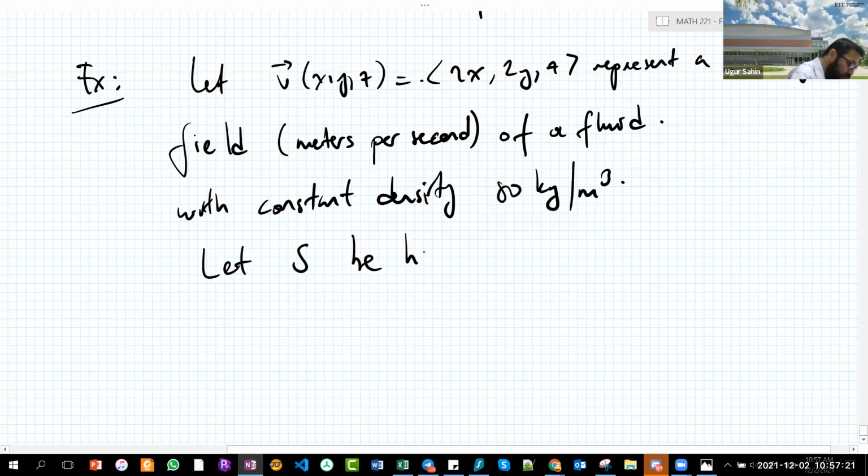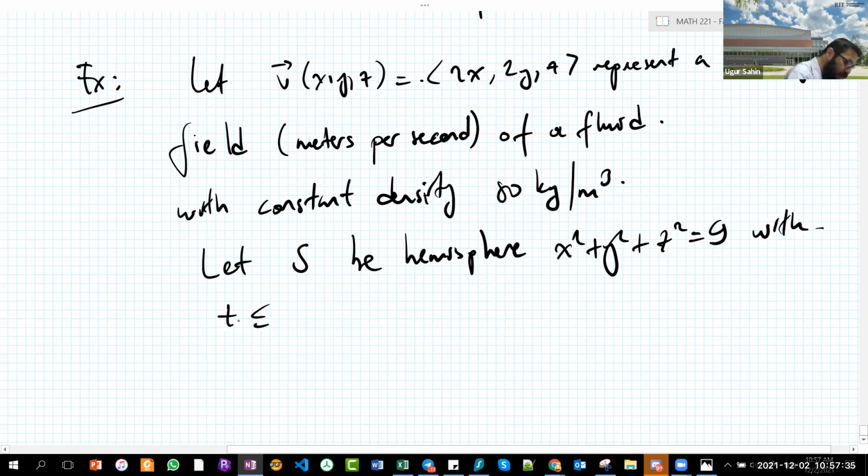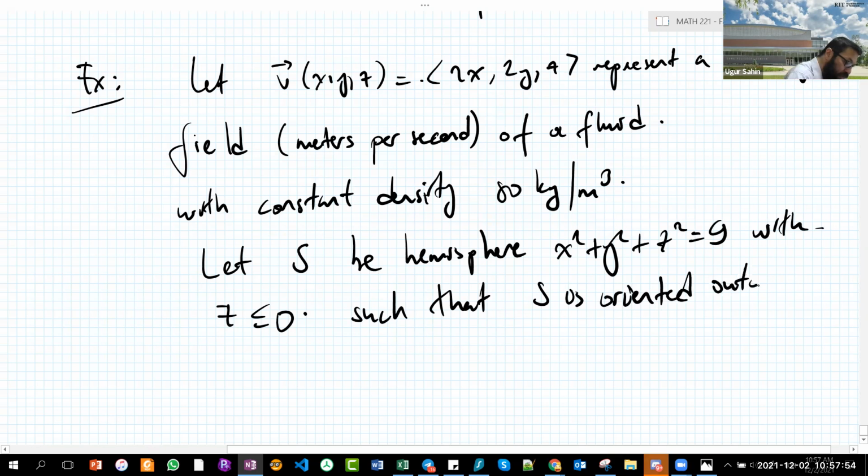Let S be a sphere given by this equation, which, since it is a hemisphere, I'm just going to give some restriction on the z part. This is just a negative z part, such that S is oriented outward.